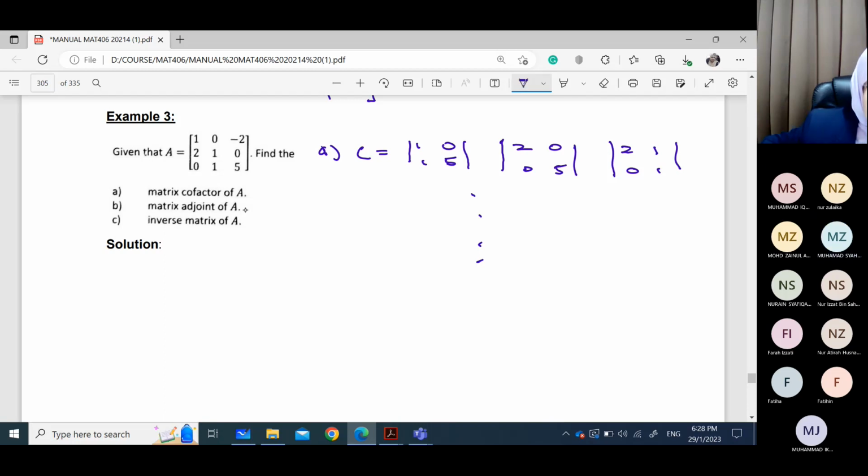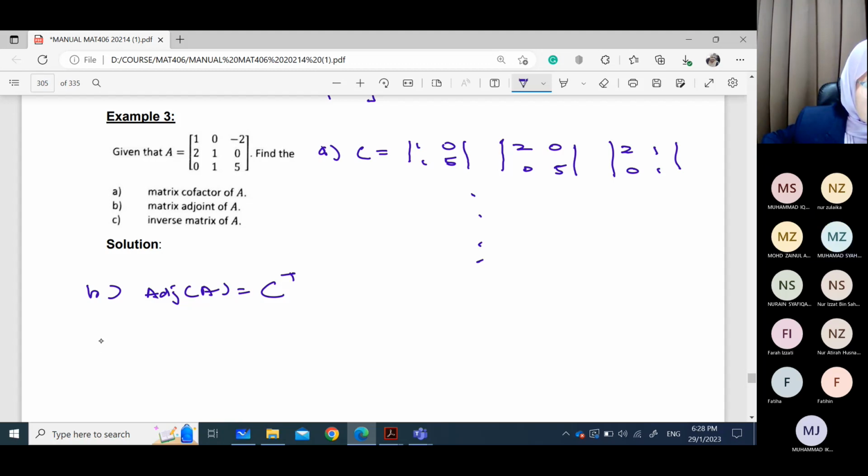Okay, so adjoint of A ni adalah C transpose. You kena dapatkan C dulu, baru you boleh dapat C transpose. Okay, so adjoint ADJ, adjoint A sama juga dengan C transpose. Okay. So jawapan nanti saya akan sharekan.